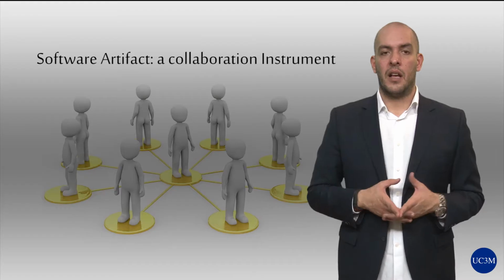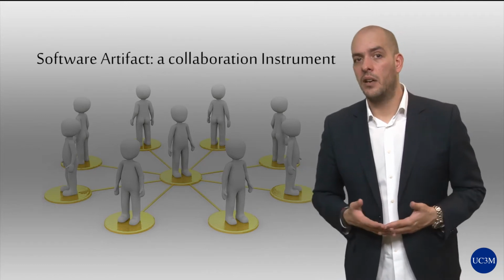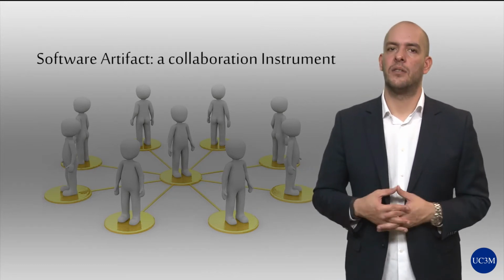According to this definition, a software artifact must necessarily be a collaboration instrument. As previously introduced in earlier lectures, software will be a kind of implicit knowledge that will be embedded in a new system, product, or service. Under this context, it's necessary to analyze a piece of software as a key element for collaboration.